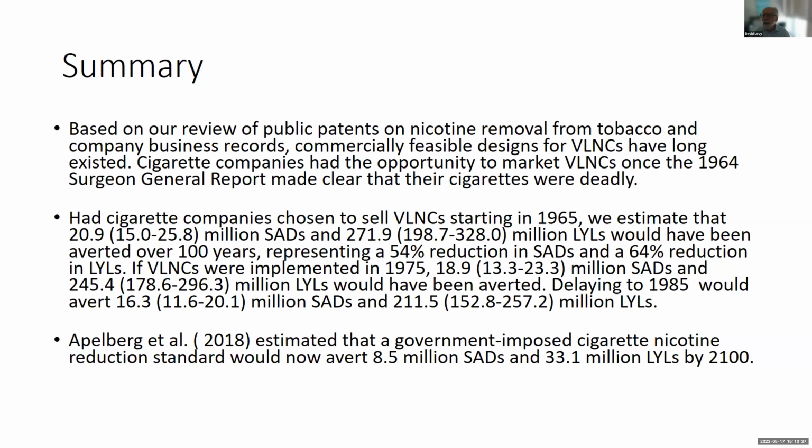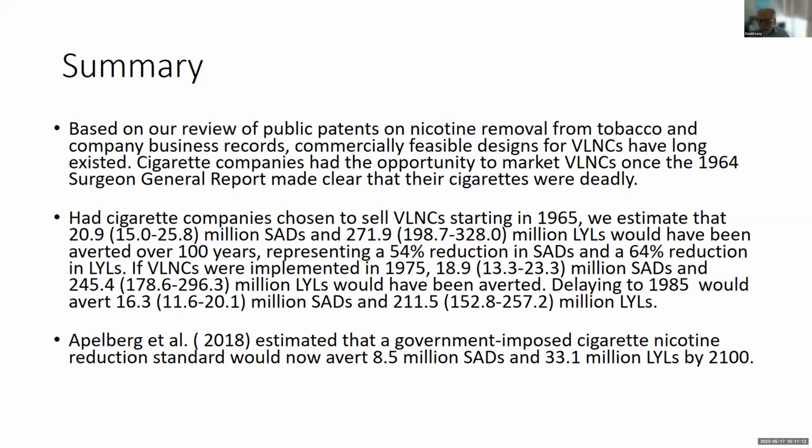So effectively, by keeping the nicotine, they were reducing the likelihood of people quitting or even starting cigarettes, and effectively denied them the choice towards something that was a less permanent alternative. And we showed from our analysis that there were substantial public health impacts of these decisions made by the cigarette companies.